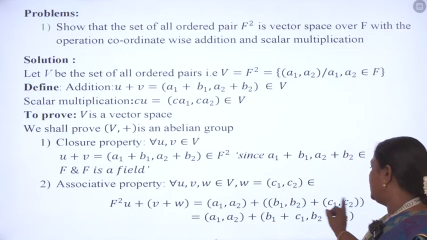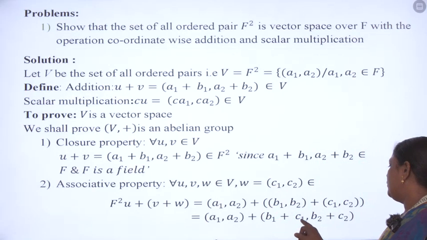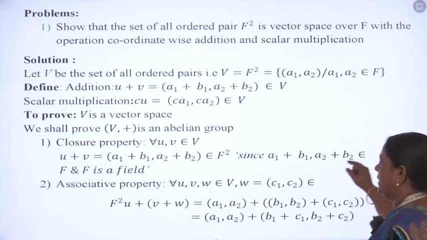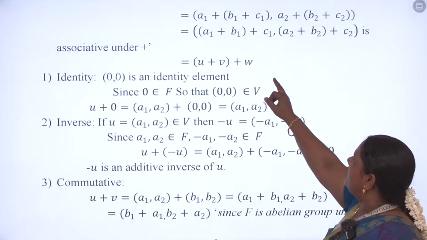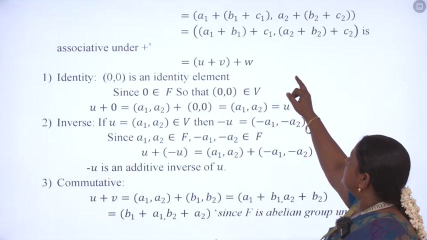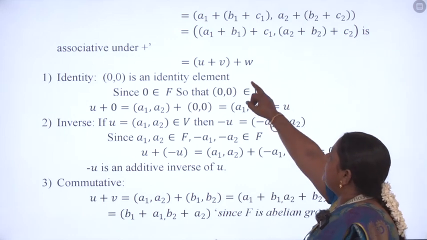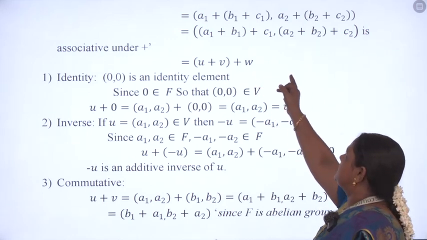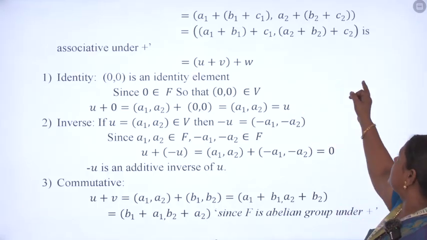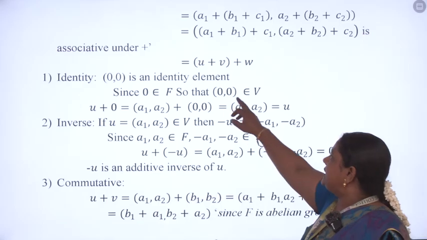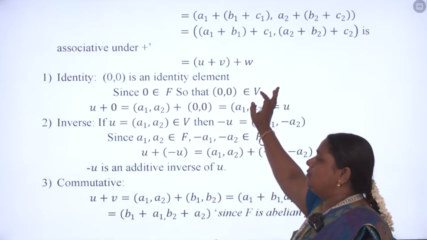Now we are combining these two, we'll get (b1 + c1, b2 + c2). Now combining these two, we'll get (a1 + b1 + c1, a2 + b2 + c2). Then combining these two, (a1 + b1 + c1, a2 + b2 + c2) is associative under addition. So finally we are getting u plus v plus w.